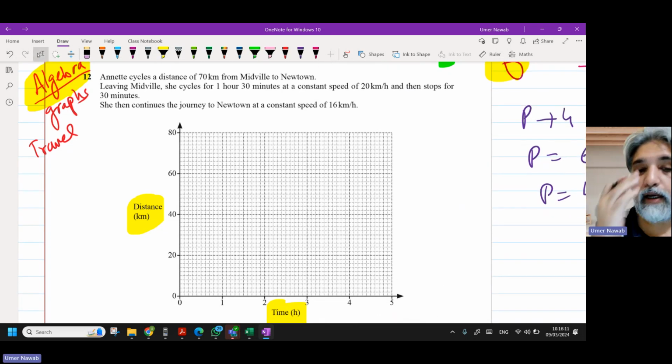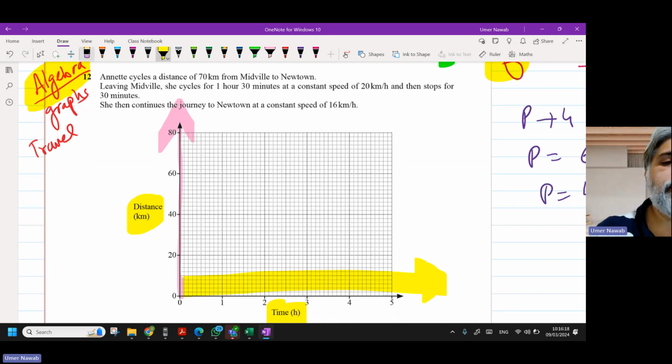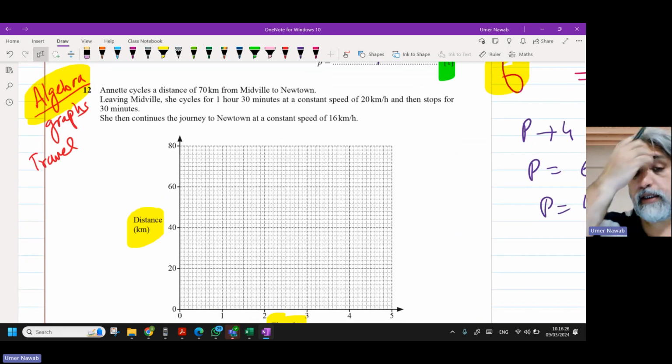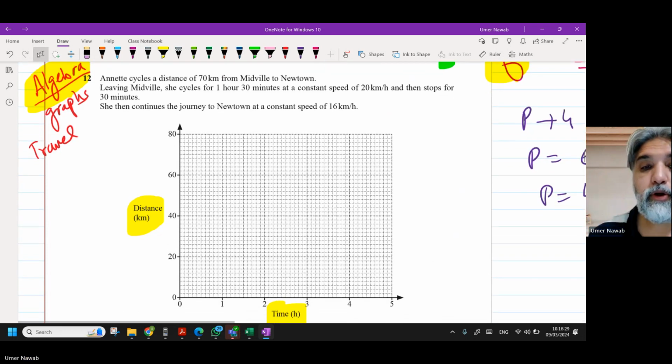So distance-time, guys, distance is always shown vertically and time is always shown horizontally. I want to check, is my time given in hours, minutes or seconds? It is given in hours. Distance is in kilometers. So looking into the units is also very, very important.